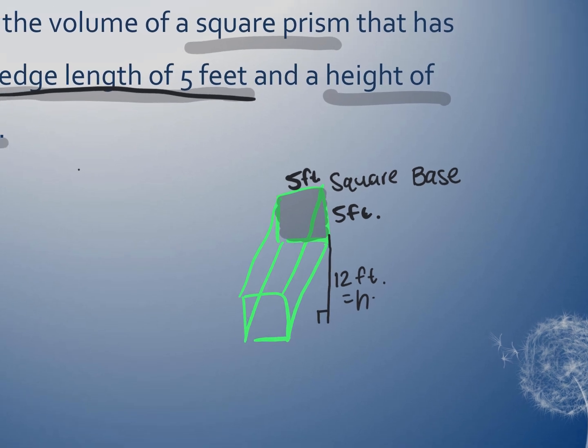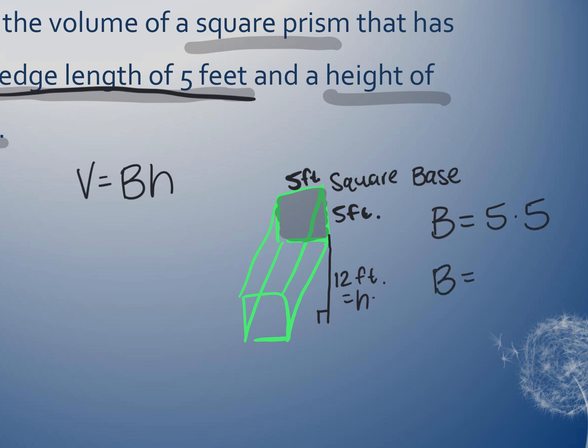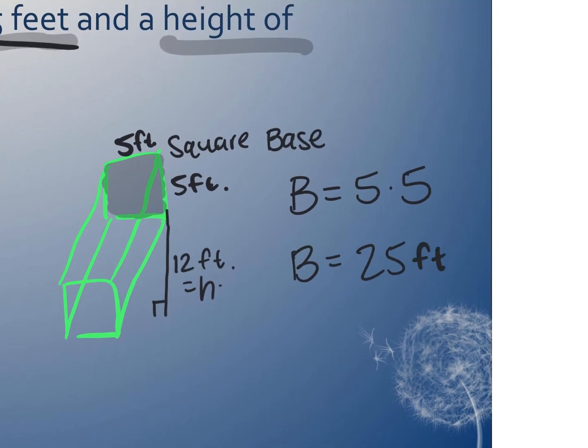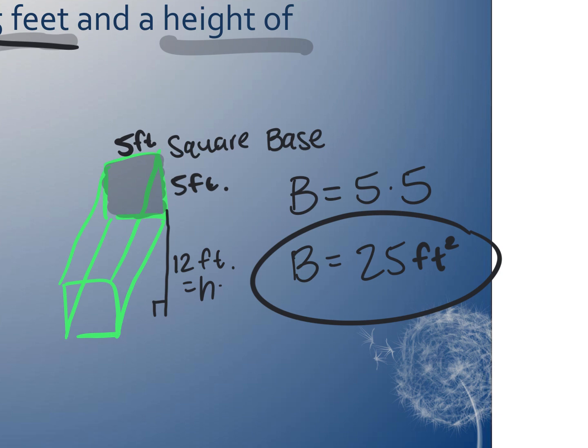So remember the volume formula for a prism. It's the area of the base times the height. How do I find the area of a square base? The length is 5 and the width is 5, so we multiply 5 times 5. We get that our base is 25 feet squared. But that's only the area.